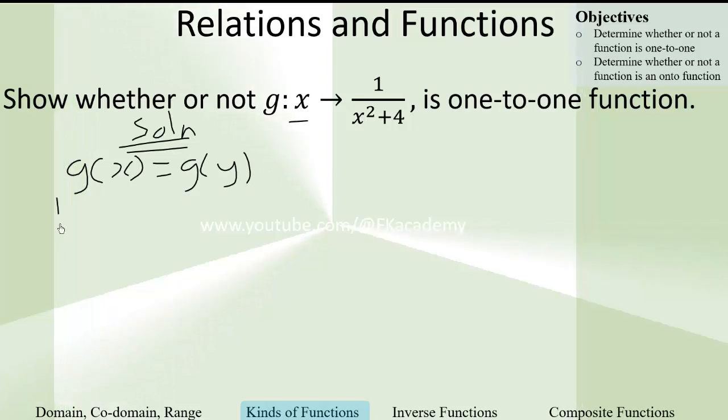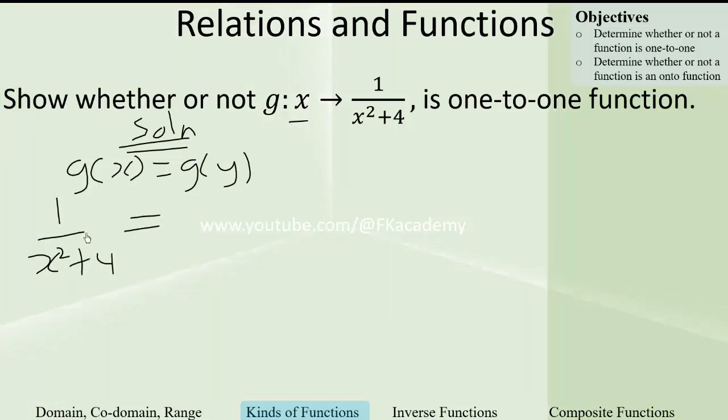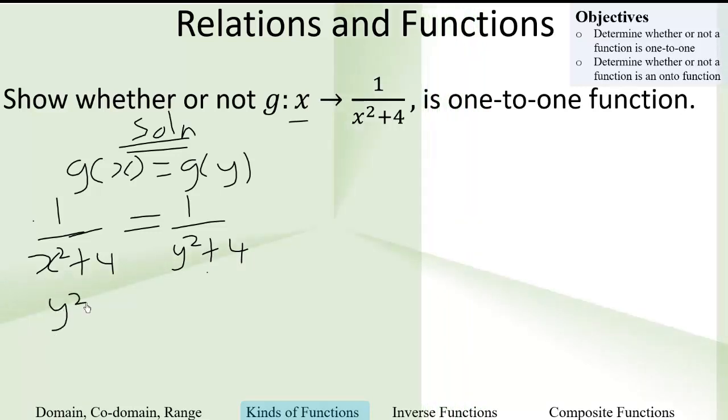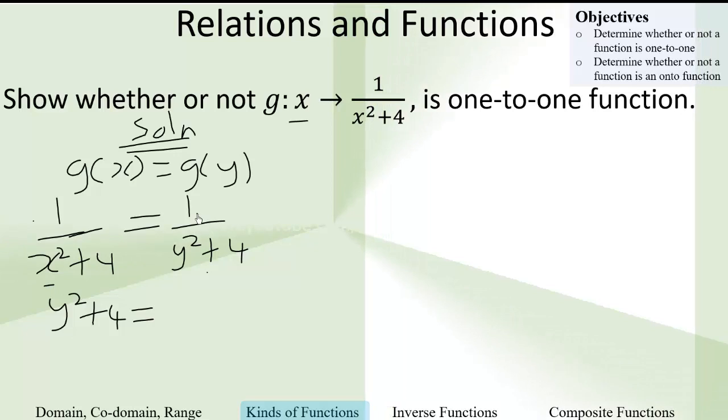So we have 1 over x squared plus 4 is equal to 1 over y squared plus 4. Now let's cross multiply. 1 times this will give you y squared plus 4 is equal to 1 times this will give you x squared plus 4.